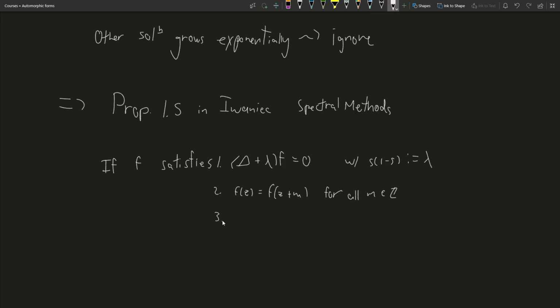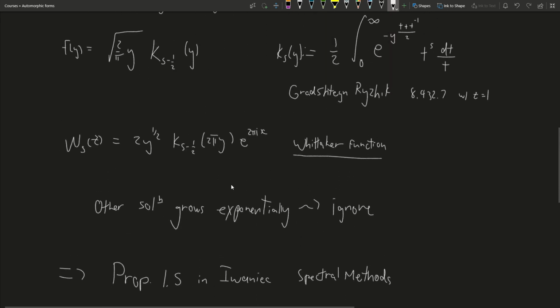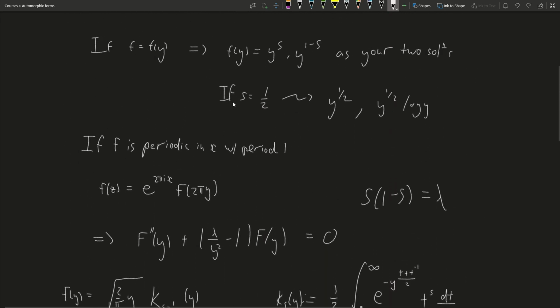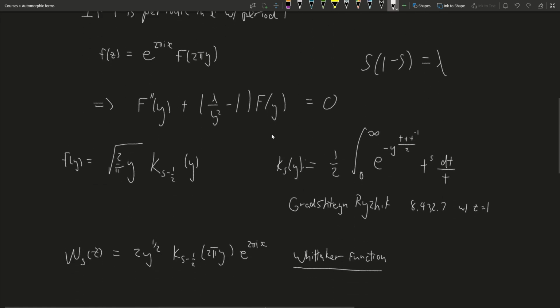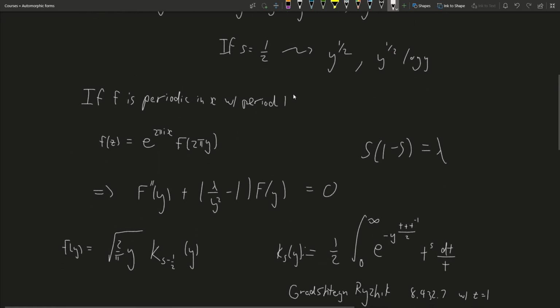And 3 is that f of z is little o of e to the 2 pi y as y goes to infinity. So it doesn't grow exponentially. Then, well, the point is that with this stuff, we've written out all of the eigenfunctions of the Laplacian, right?